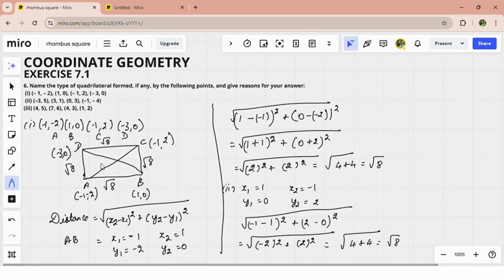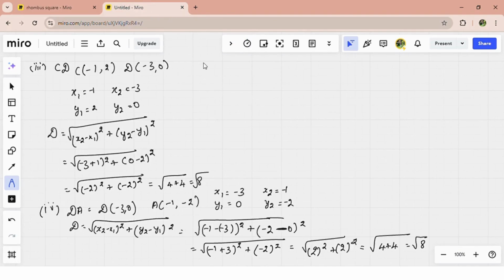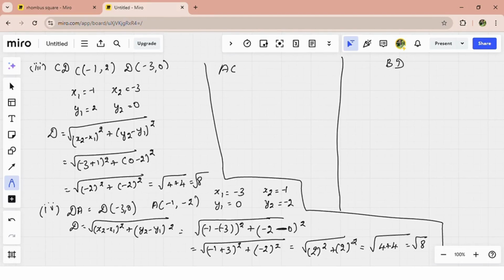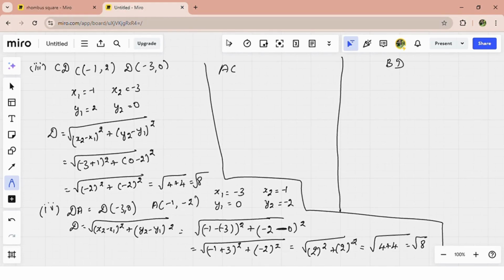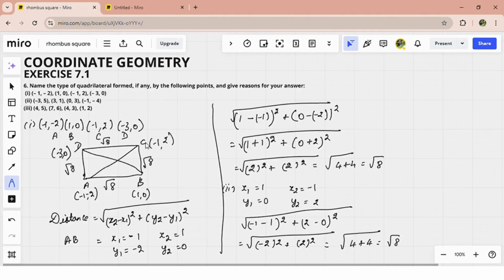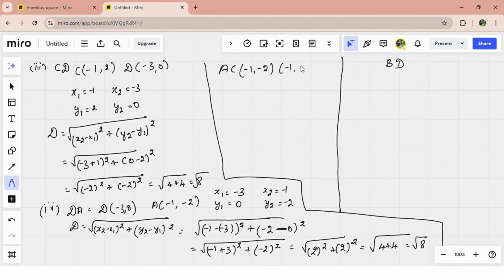We are going to find AC and BD. What are the points for AC? A is (-1, -2) and C is (-1, 2). So x1 equals -1, y1 equals -2, x2 equals -1 and y2 equals 2.